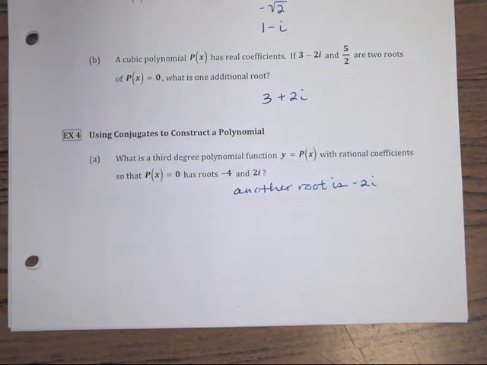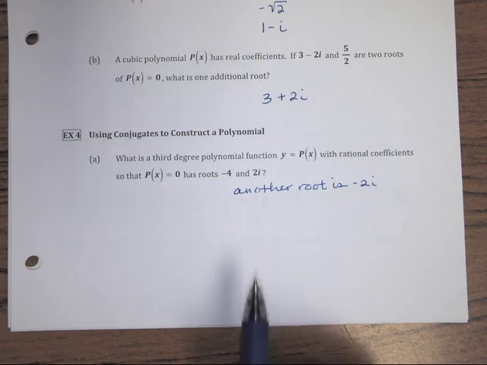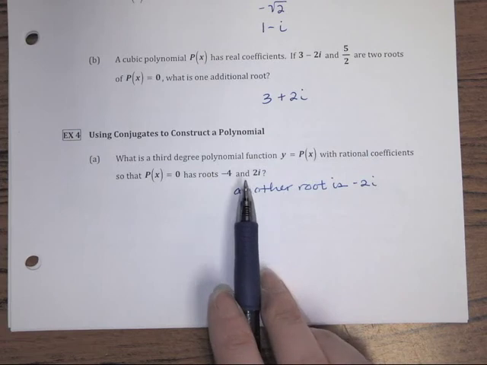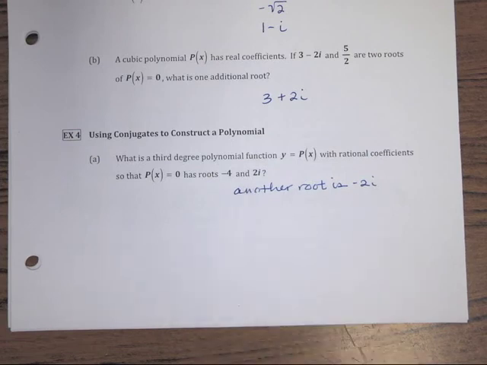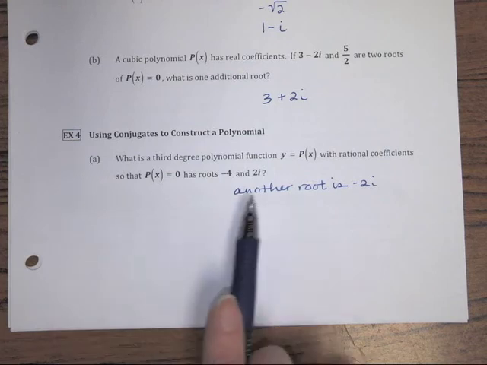Would that be the same thing as doing square root of negative 4? Is it the same thing? No, it's not the same thing. It doesn't even matter. It would be 2i. It's irrelevant to the problem. A plus bi, a minus bi. The a is 0. So 0 plus 2i, 0 minus 2i. They're conjugate pairs.